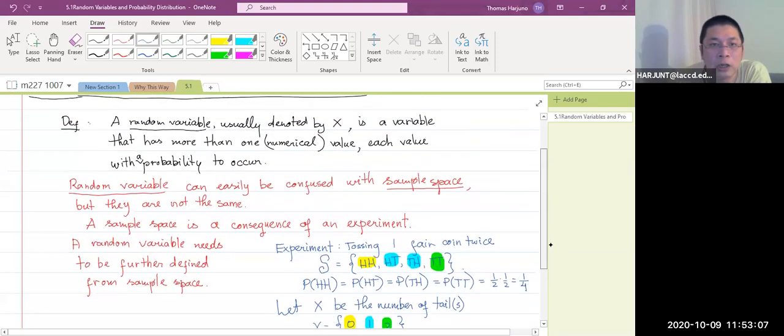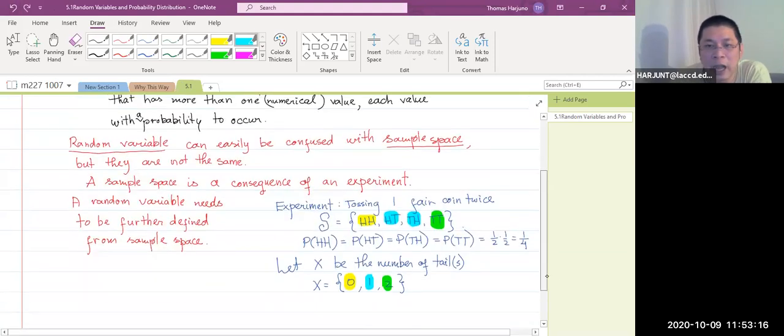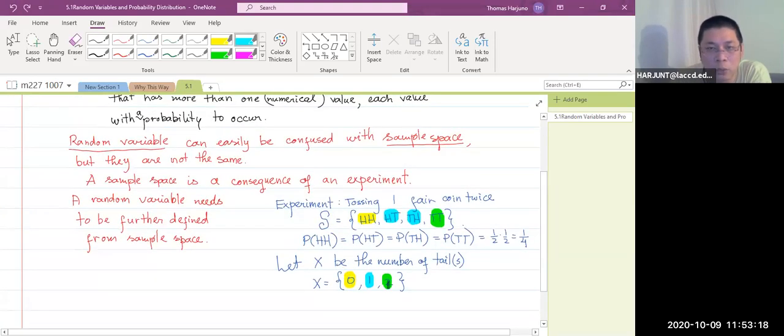I said earlier that a random variable X has more than one numerical value. Here X may be 0, may be 1, may be 2. You toss the coin twice, so at most you get 2 tails.